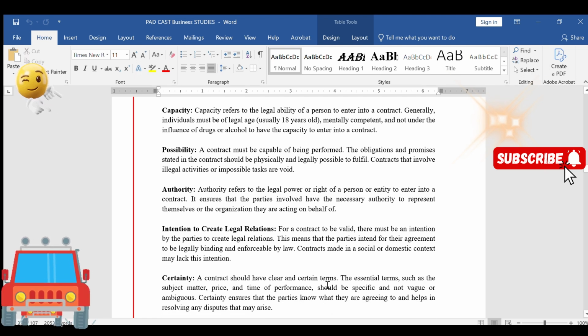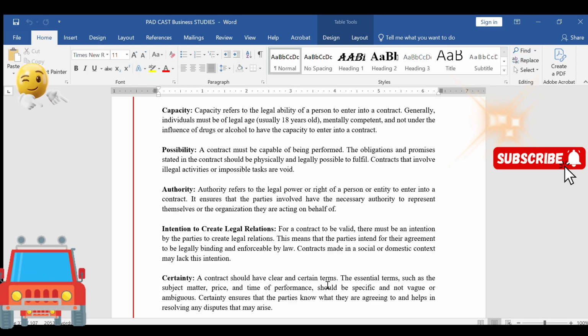Possibility: a contract must be capable of being performed. The obligations and promises stated in the contract should be physically and legally possible to fulfill. Contracts that involve illegal activities or impossible tasks are void.